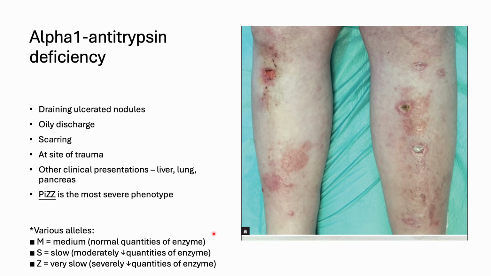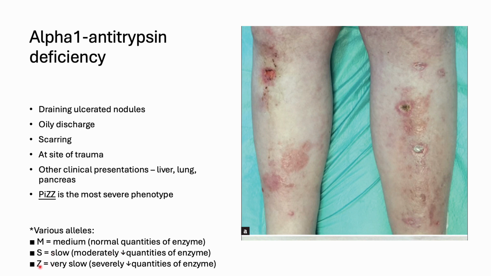There is one important thing for board purposes in alpha-1 antitrypsin deficiency: they can have different alleles. More specifically, if the patient has allele M, it means medium, meaning normal quantities of enzyme. S is slow, meaning decreased but moderate.